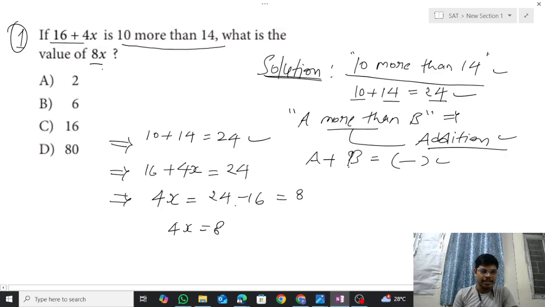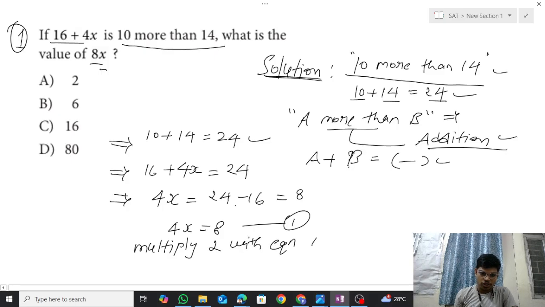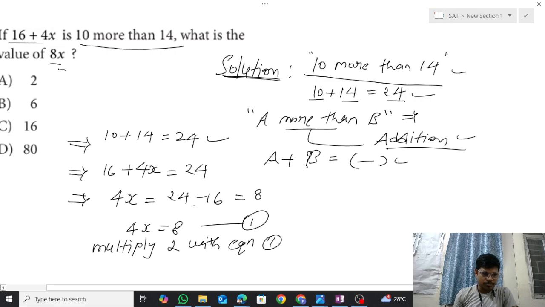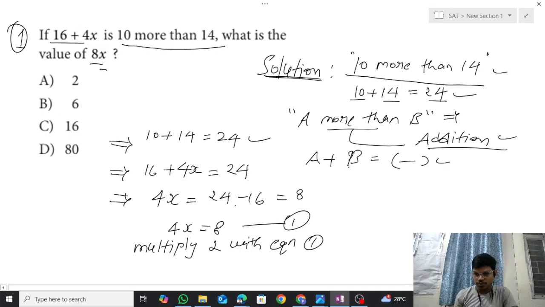I need to find 8x. So this is my equation number 2, and I am going to multiply it by 2.